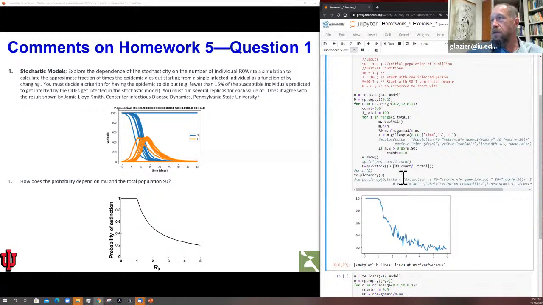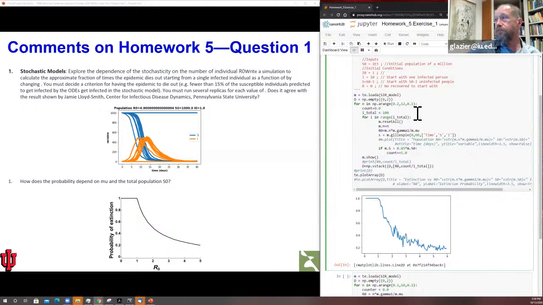Now, what you'll find is if you change the number of replicas here in this line, you'll get more or less jagged lines. The more replicas you do, the smoother the line will be. You could change the detail here.